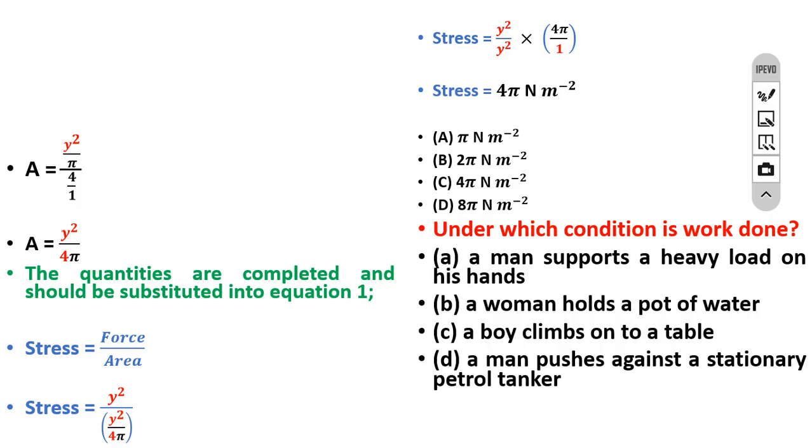Okay, so there is a level of force applied and a change in displacement as well. Let's look at the last option. A man pushes against a stationary petrol tanker. He is pushing, but the tanker is not moving. And as such, that's not the correct answer. So the correct option is C. A boy climbs onto a table.